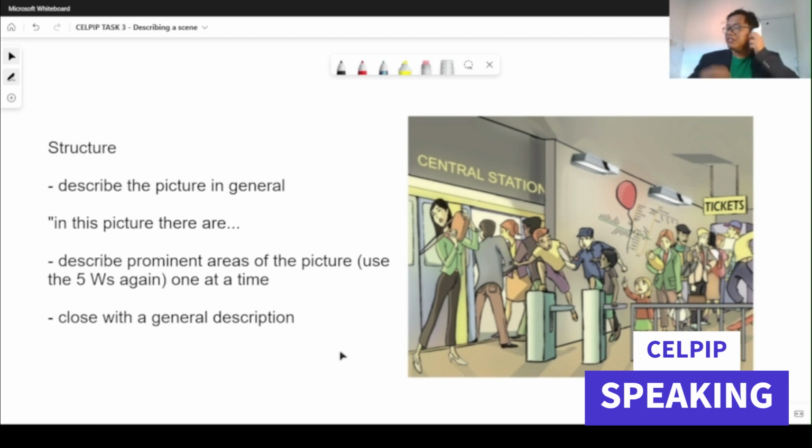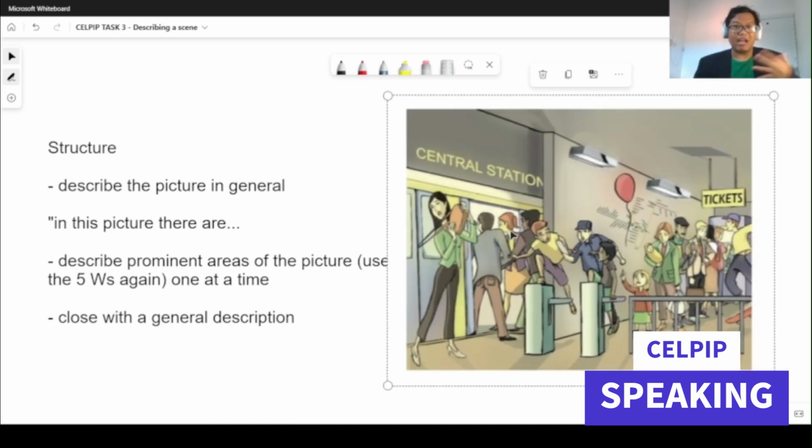You can be just a little bit more specific. Maybe you can talk about how there is a ticket station as well, or maybe people before a gate and so on, right? But there must be an overview. You're still not specifying too much, right? Just to make sure that the person you're describing to has a clear idea of what kind of picture you are currently describing.